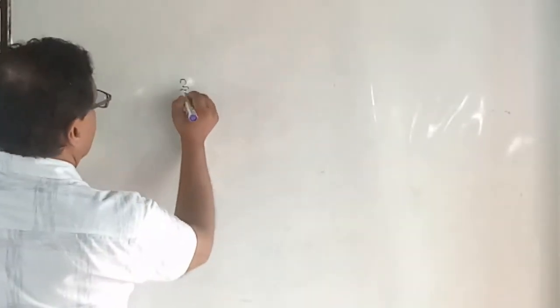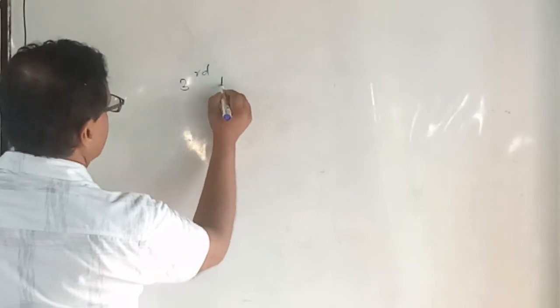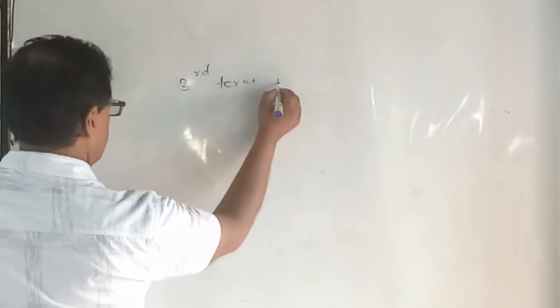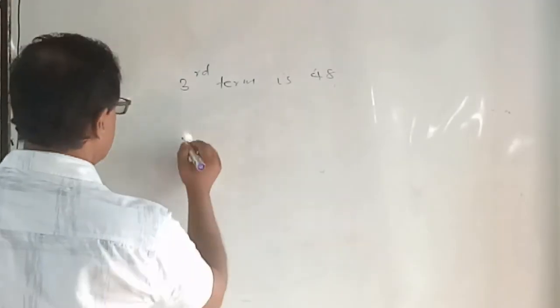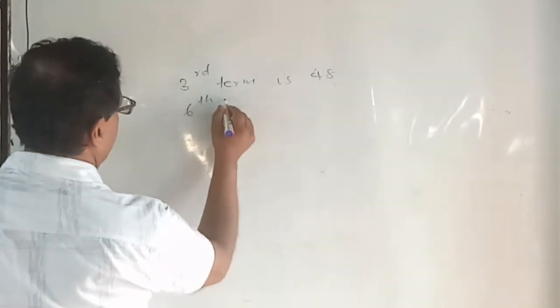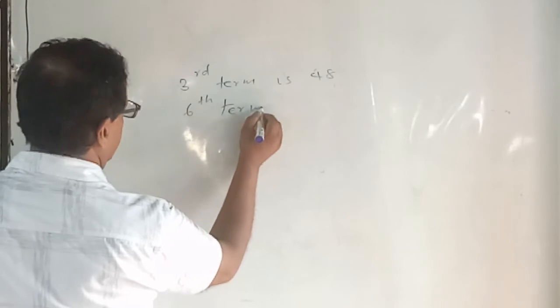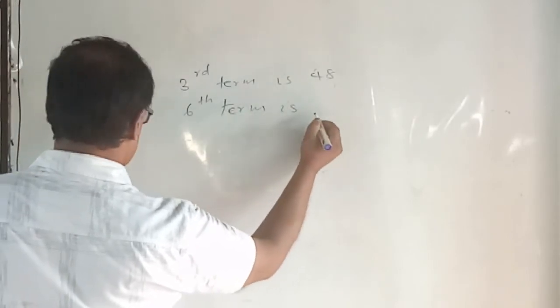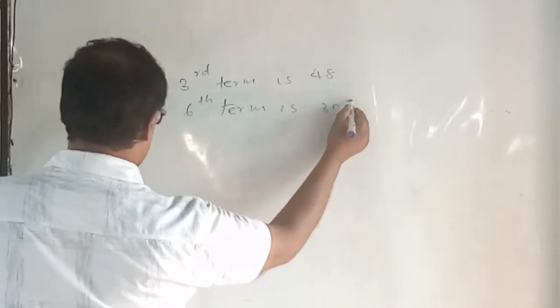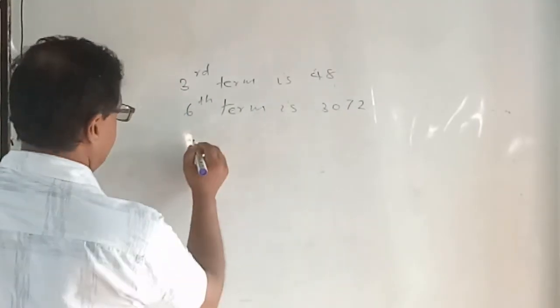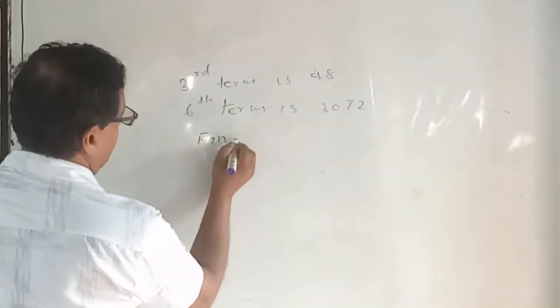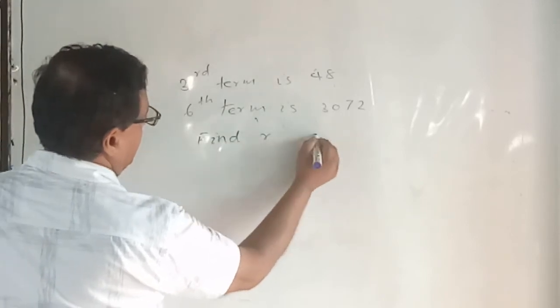Another example: in a GP, the third term is 48. The sixth term is 3072. Find r and a.